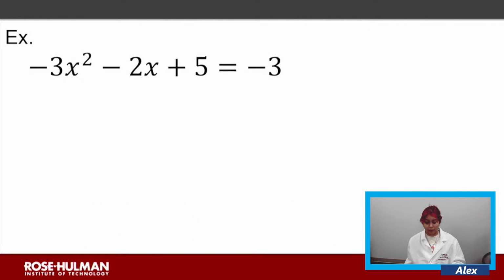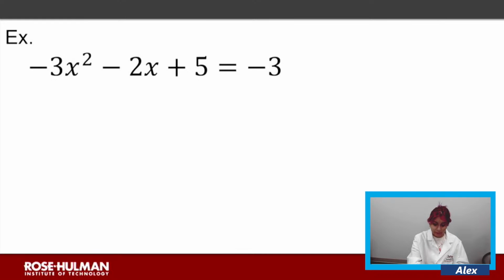As a little bit of a more challenging problem, we have a negative a coefficient that is also not -1. In order to do this one, it's actually a little bit simpler than it looks. We just want to go ahead and move everything to the right side to make this quantity positive.